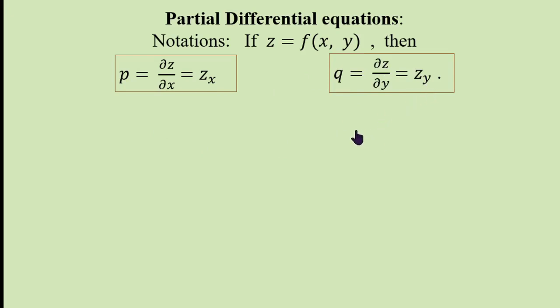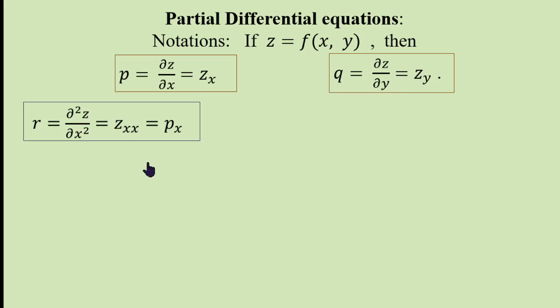And second order partial derivatives, R is ∂²z/∂x², that means differentiate z partially with respect to x twice, or simply you can write zxx. Since P is zx, that means ∂z/∂x, differentiate P partially with respect to x, you get R, that is ∂²z/∂x². So you can write R is nothing but partial derivative of P with respect to x.